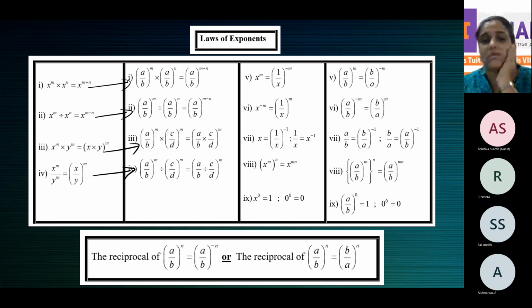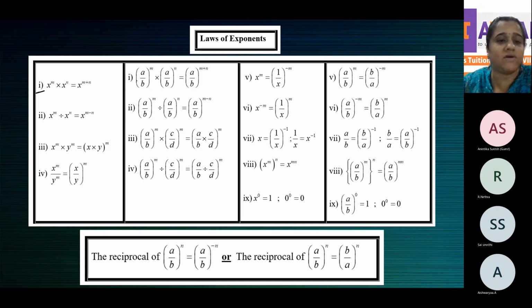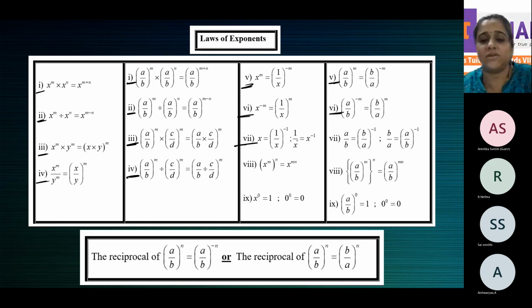Yes, ma'am. All right. Now see the next one. That's why I've given the same numbers, see here: 1, 1, 2, 2, 3, 3, 4, 4, because they're the same. And see here 5, 5, 6, 6, 7, 7, 8, 8, 9, 9.